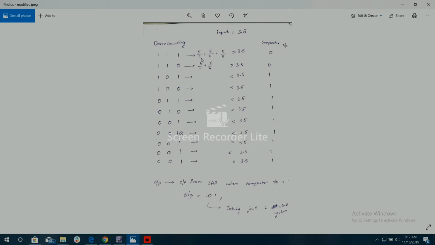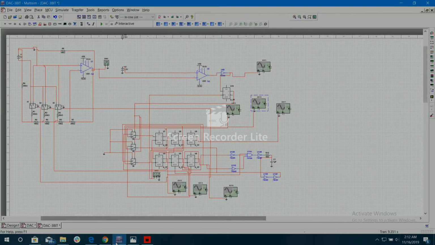So now the input which I have considered is 3.5. The analog equivalent of 111, which we get after feeding this value into the DAC, is greater than 3.5. So the comparator output will be 0.